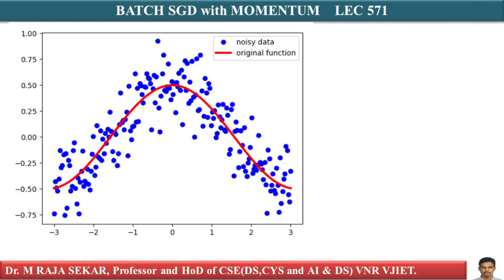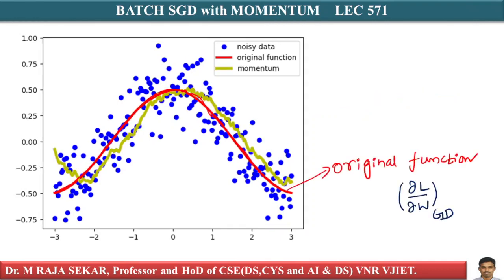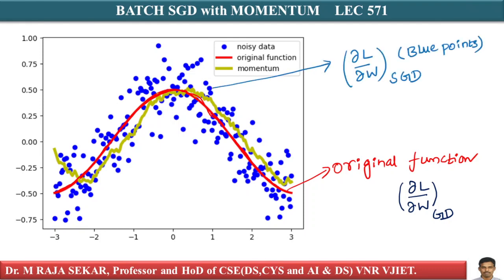The original function looks like this red line. The red line I am highlighting here is the original function. This original function is something like a derivative of L with respect to W using the gradient descent algorithm, which is the original. The blue ones are the noisy data.